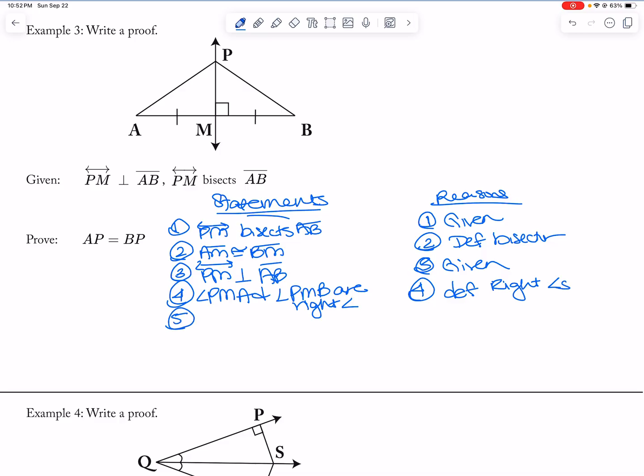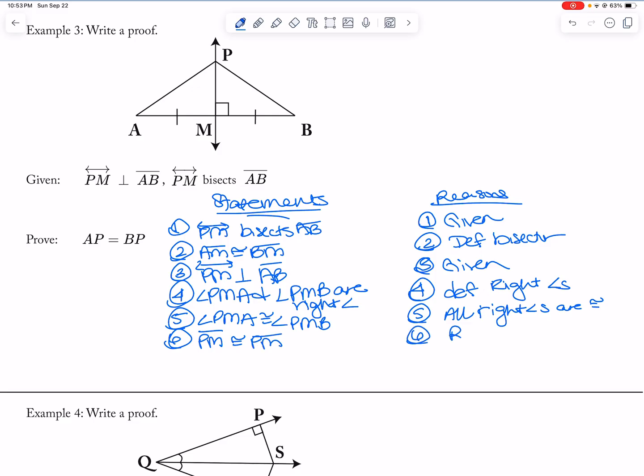Okay, so now I can say that those are congruent because all right angles are congruent. And then 6, we can say PM is congruent to itself, and that's reflexive.